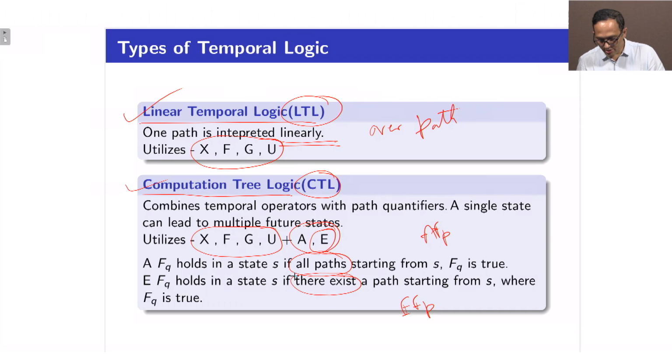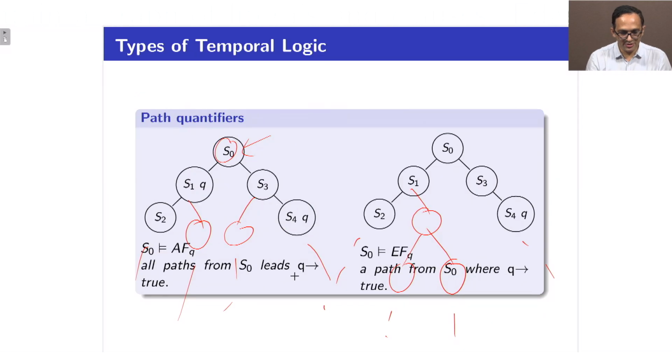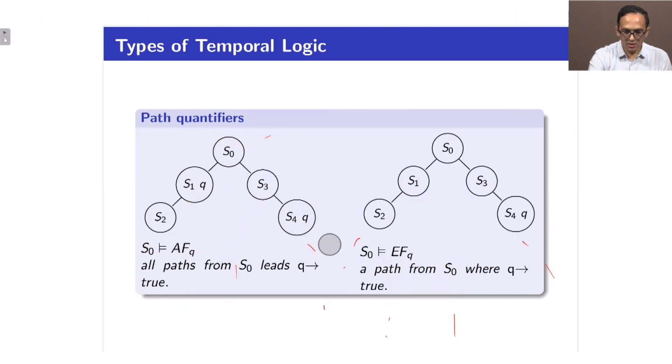Now if I try to explain this, say for example, in this example let us say I want to check what is happening here. You see Q holds here and Q holds here, there are 2 paths. The example I have taken has 2 paths. So, this is one path and this is one path, right. In all paths Q holds in future, right.